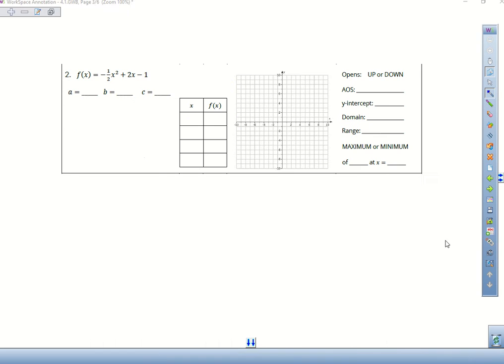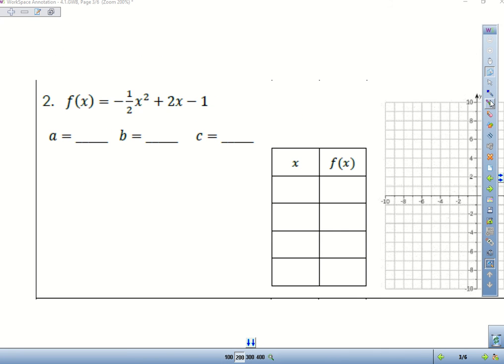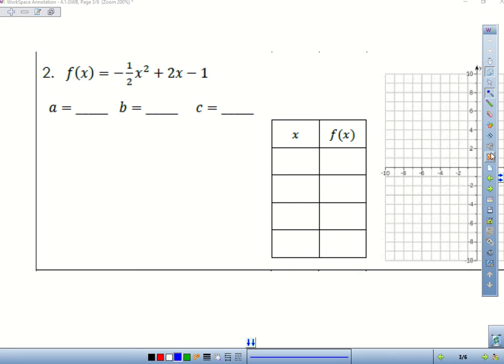I'm going to try number 2. First thing I look at is, is this equation in standard form? Yes, it is. So we can copy over the A, the B, and the C, okay? Now that we've identified that, we're going to use our formula, x equals -b over 2a.